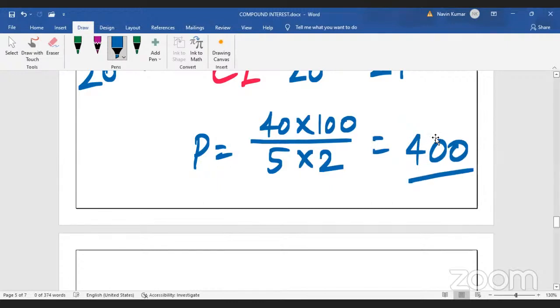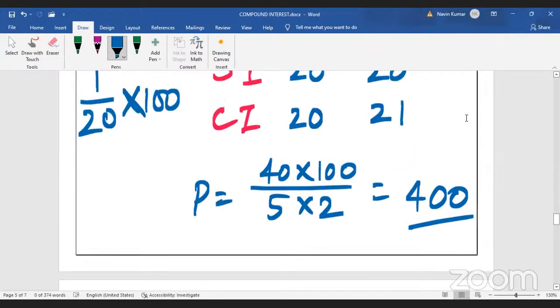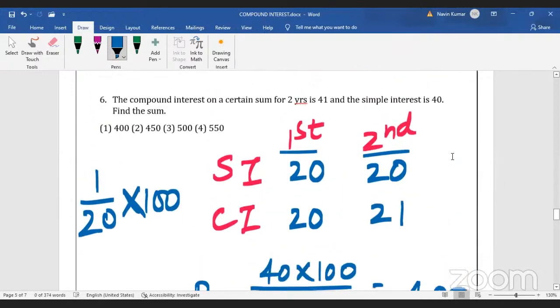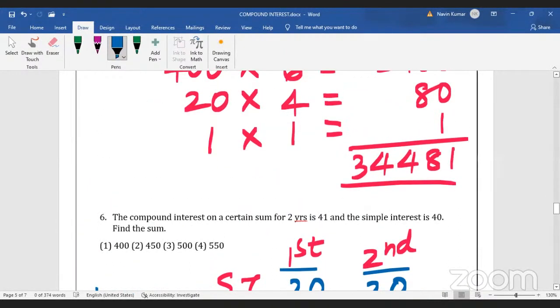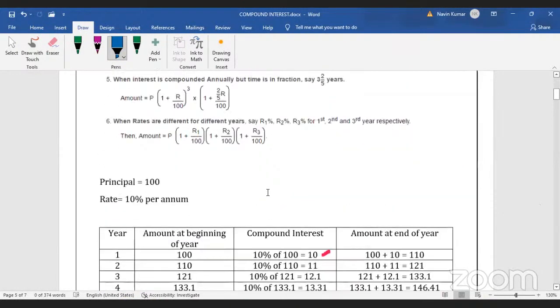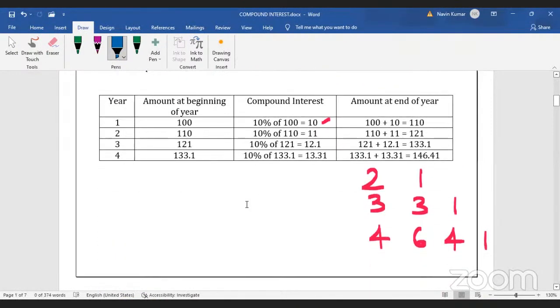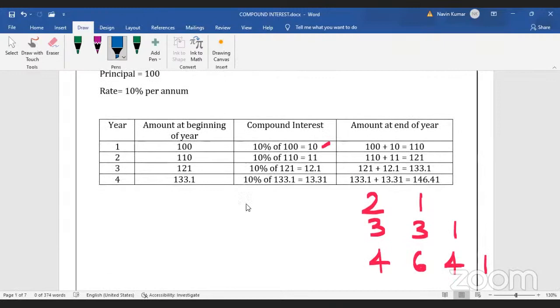400 is the answer. Sir, could you explain that part, like 1 rupee because of 20? आप देख रहे हो ना, सेकेंड ईयर में 1 रुपया ज्यादा है. मैं आपको फर्स्ट कॉन्सेप्ट समझाता हूँ. Can you see that first year में इंटरेस्ट was 10, सेकेंड में it was 11.